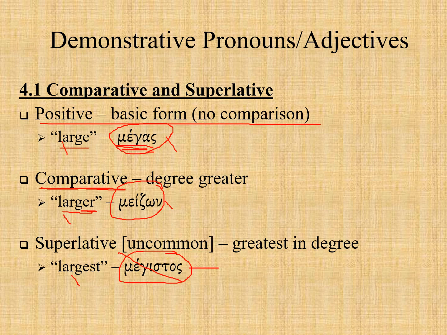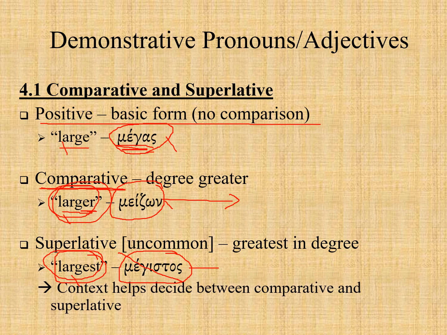The upshot of this is that the meizon in Greek is used both as comparative and superlative, which makes it a little bit more difficult, but then you'd have to determine from the context whether meizon is really meant to take on a comparative or superlative meaning. So again, context is the key to identification and proper translation.